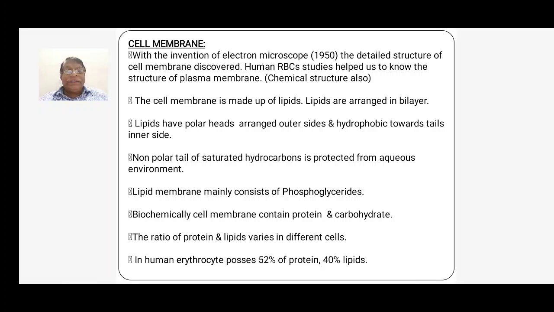The cell membrane, as we know, is the outermost layer in the animal cell, and it is present next to the cellulose cell wall in plant cells. The cell membrane is composed of lipids.